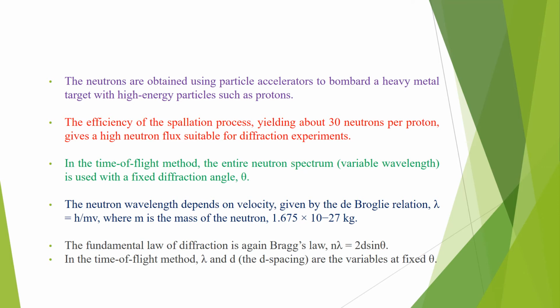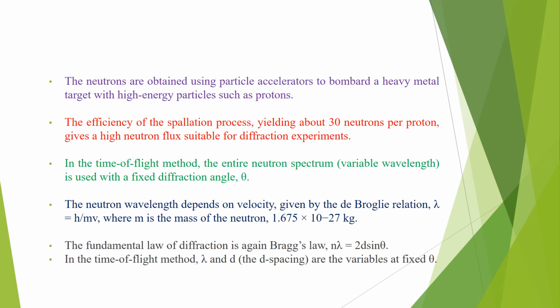The neutron wavelength depends on the velocity, given by the de Broglie equation, that is lambda equals h over mv, where m is the mass of the neutron, that is 1.675 times 10 raised to the power minus 27 kilogram. Hence, the diffracted radiation arriving at the detector is separated according to its time of flight and wavelength.